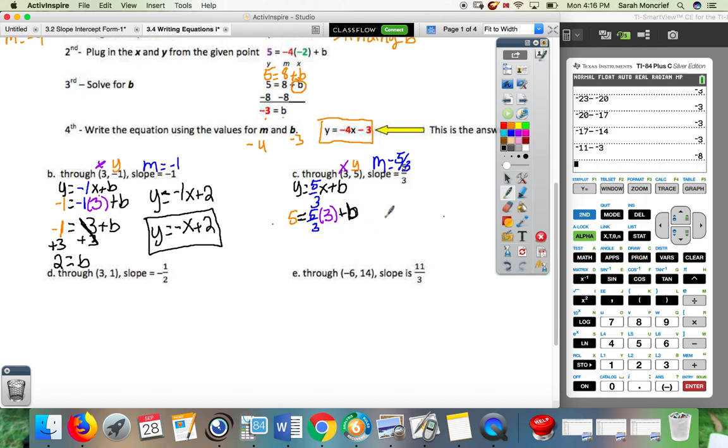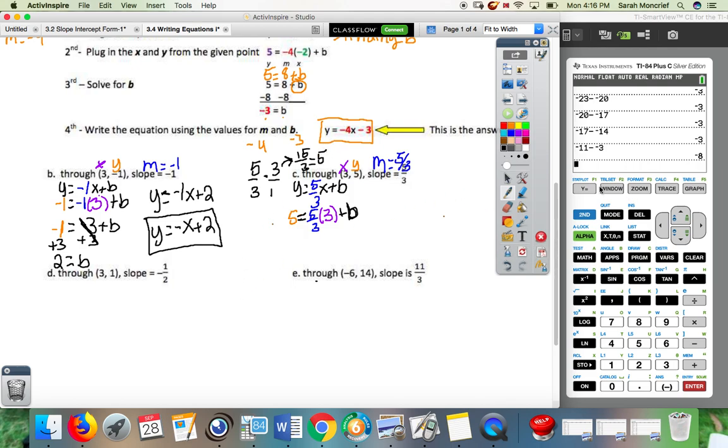Now we need to multiply and then simplify. What is 5 over 3 times 3? Well, hopefully you know that when you multiply, you can do 5 over 3 times 3 over 1. Multiply across gets me 15 over 3, which is just 5.